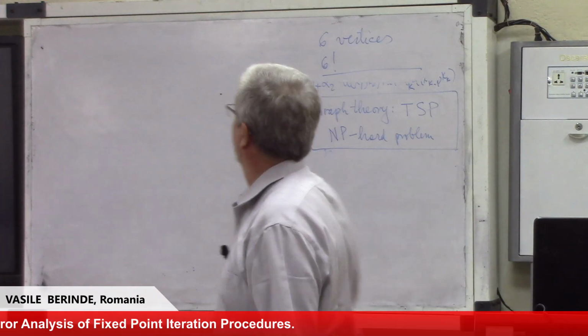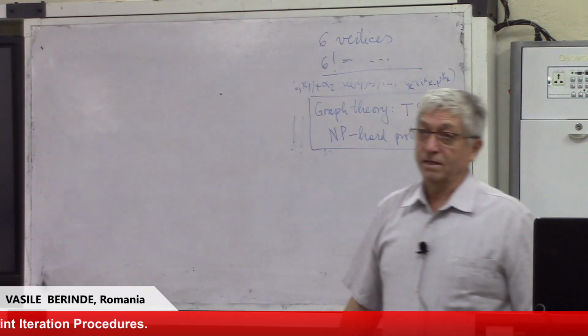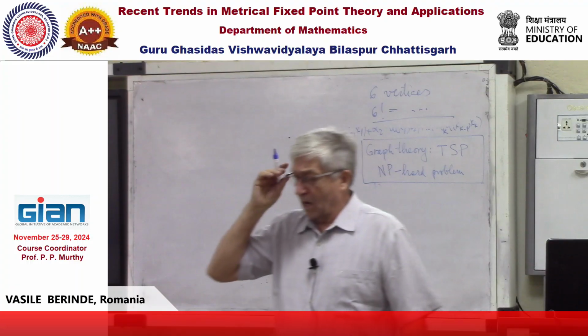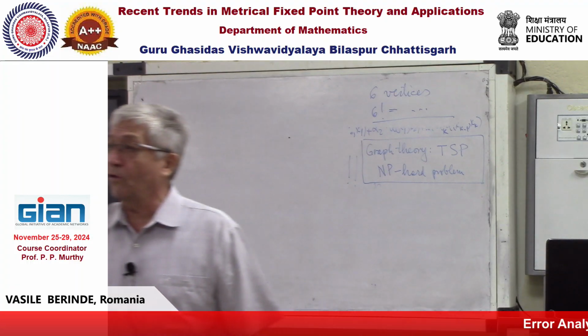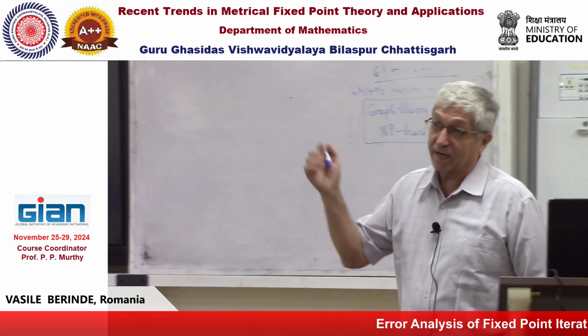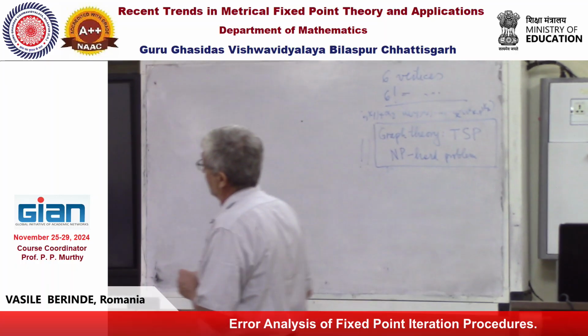This is incredible, a huge number. One method is the brute force method, which means checking all possibilities, but there are others. So this is a non-polynomial hard problem.